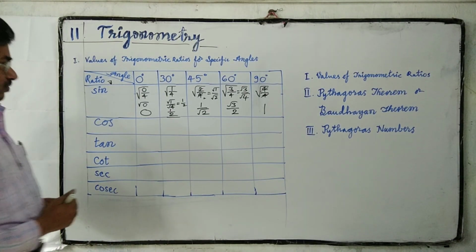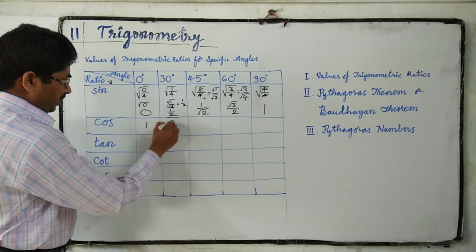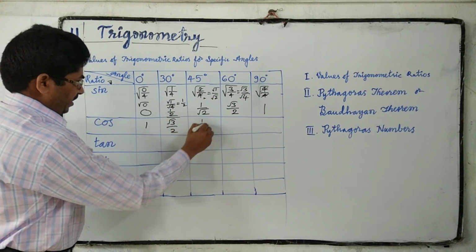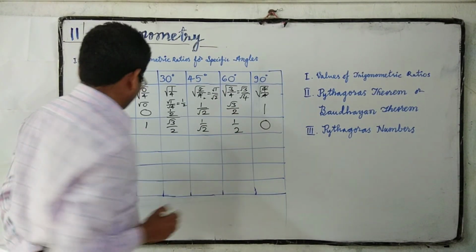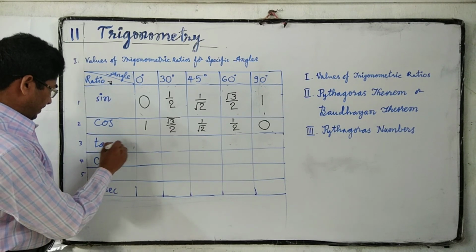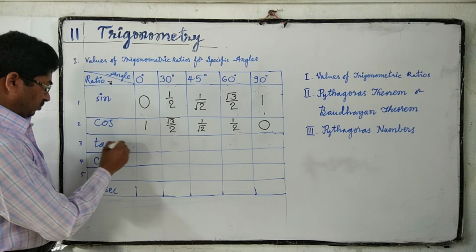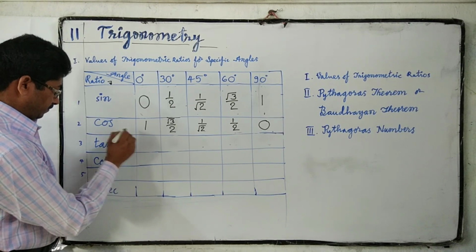Now cos values, written from last to first: 1, root 3 by 2, 1 by root 2, 1 by 2, 0. Now tan values, we know tan is equal to sine by cos. Quotient relation.